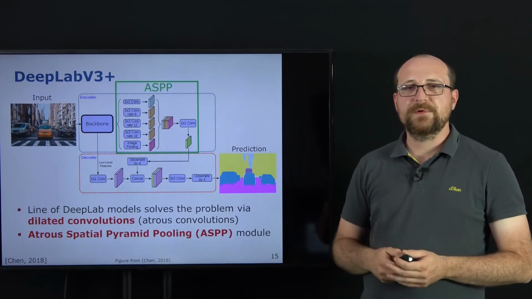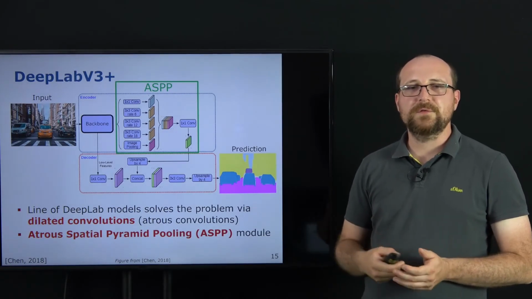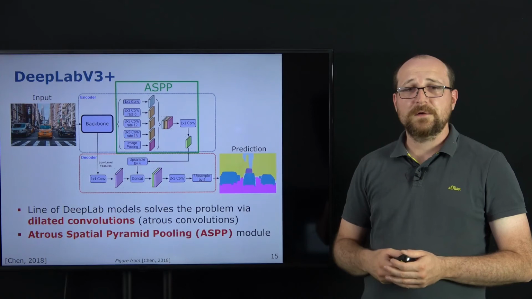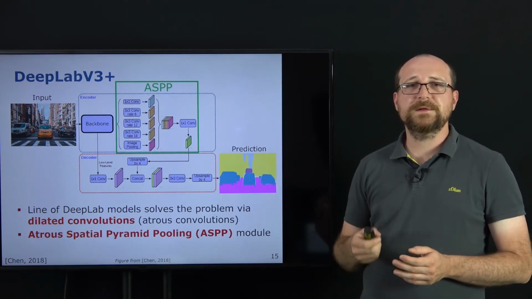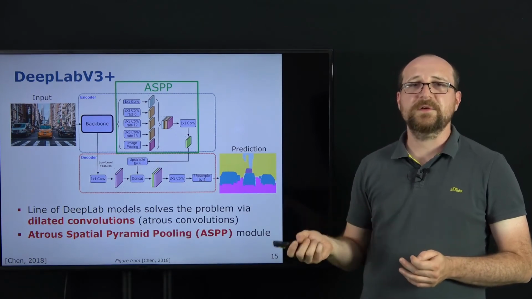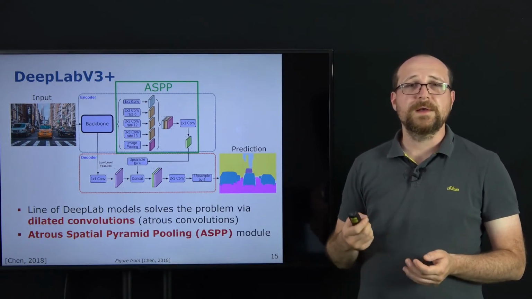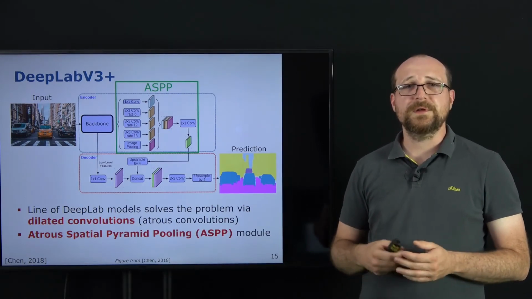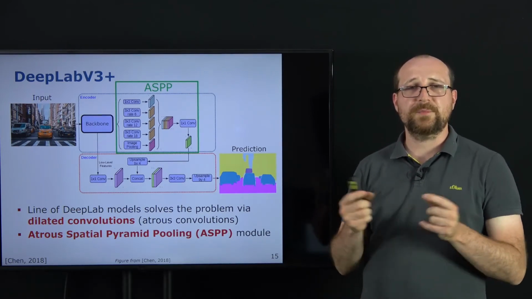In the DeepLab approach, dilated convolutions, or atrous convolutions, are introduced. When you remember from the lecture where we talked about different ways of doing convolution, there was also the dilated convolution. In dilated convolutions, the kernel elements are spread out a bit.